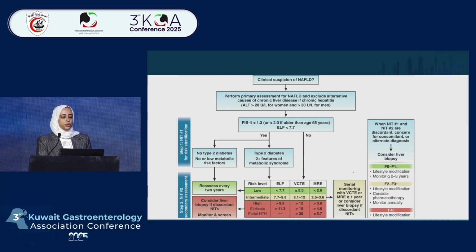And for those who are not aware what a FIB-4 score is, I'll talk about it in detail. And then they risk stratify the patients. Either the patients go to high risk and they need to get a secondary assessment, or the patients are linked back to their GP or their primary health care setting where they just have to modify their lifestyle.